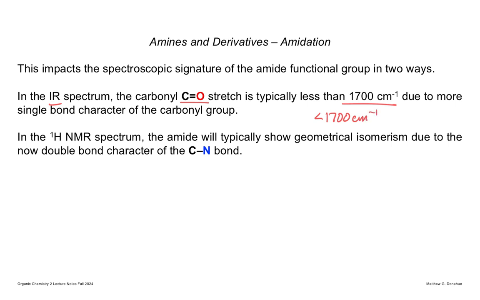And again, that's because the carbonyl has more single bond character in an amide than any other, say, carboxylic acid or ester or any sort of derivative like that. It's also seen in the proton NMR because of the geometrical isomers.